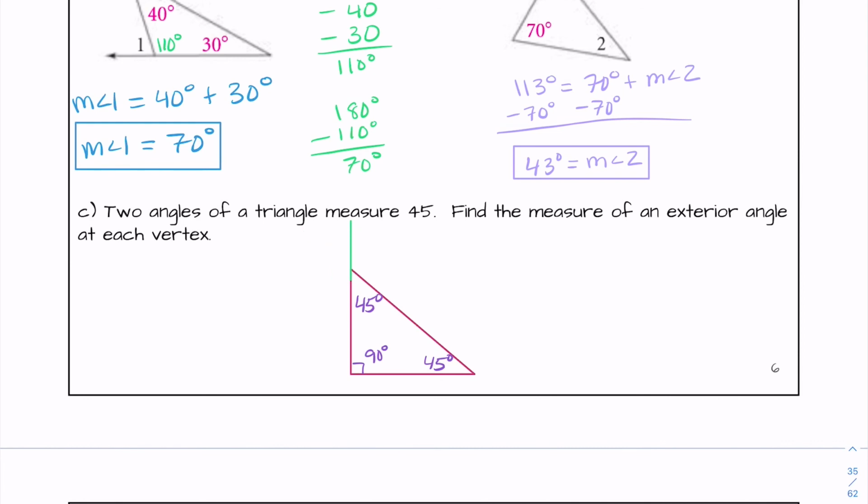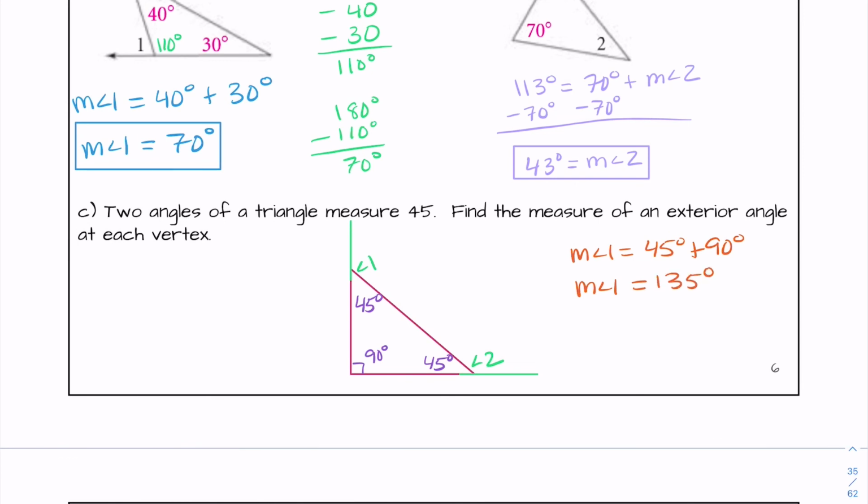But I'll go up and I will go off to the side just to make it easy to see. Let's call this angle 1 and that angle 2. So the measure of angle 1 is going to be equal to 45 degrees plus 90 degrees. So the measure of angle 1 is equal to 135 degrees.